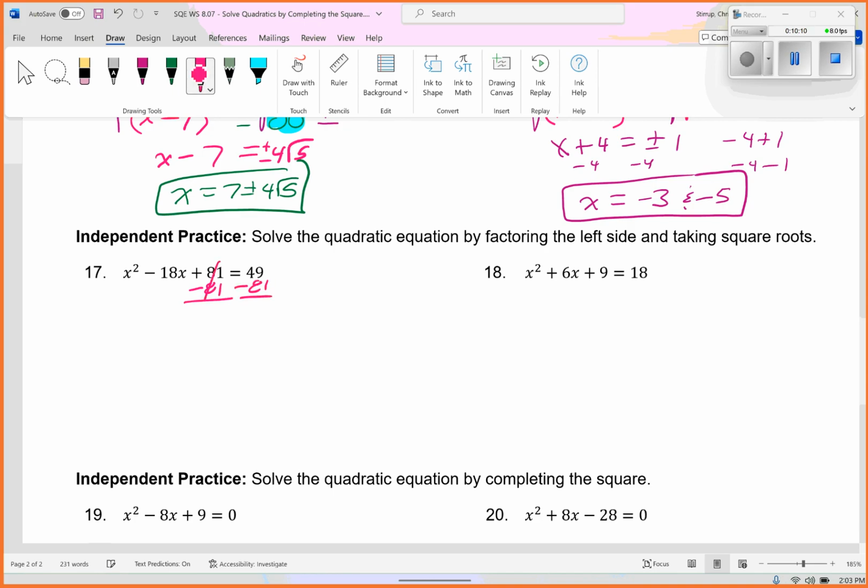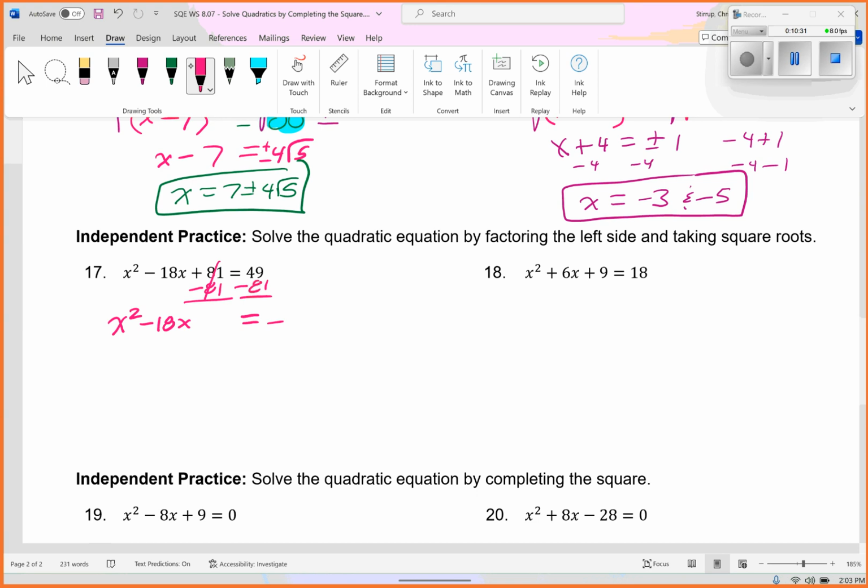So those cancel. So I'm going to get x squared minus 18x. I'm going to leave myself a space. And I believe that comes out to negative 30. What do you think? No? Yes? No, I'm off.